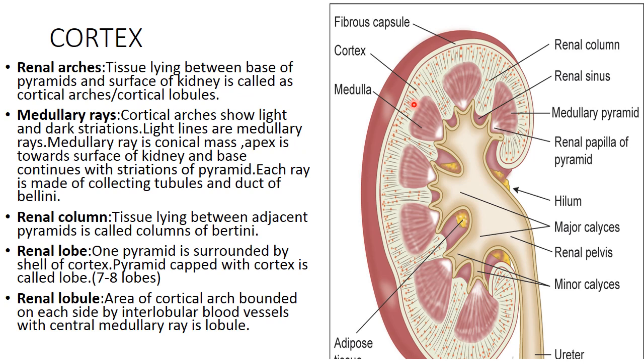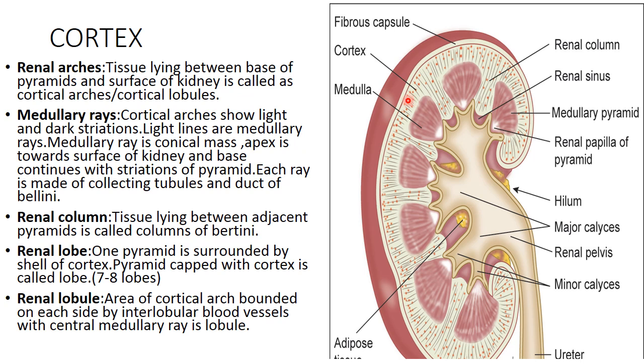Now there is a term called cortical arch or renal arch. The tissue of the renal cortex which lies between the base of the pyramid and the surface of the kidney is known as cortical arch or cortical lobule. The second term is medullary ray.